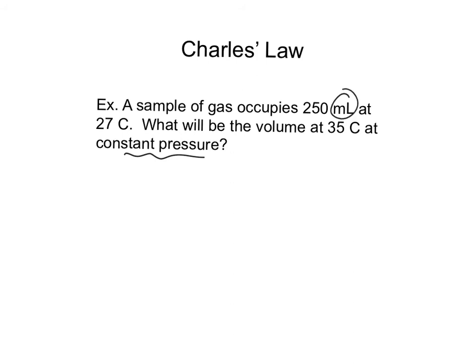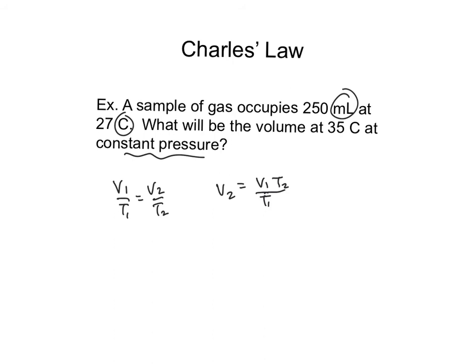So you have volume and temperature, V1 over T1, V2 over T2, constant pressure. So we're going to use that, and we're going to solve for volume, V2. So V2 will be equal to V1 over T1 multiplied times T2.